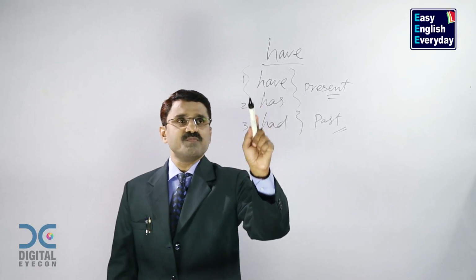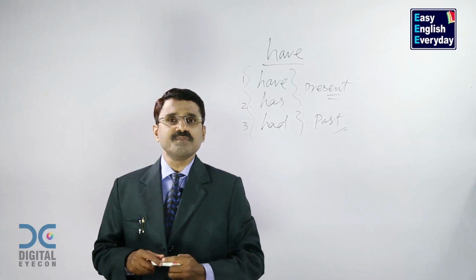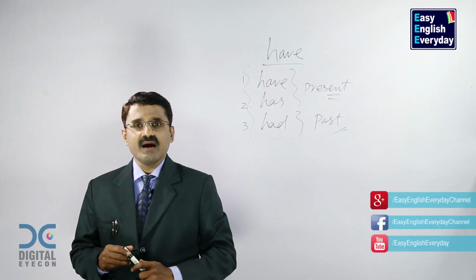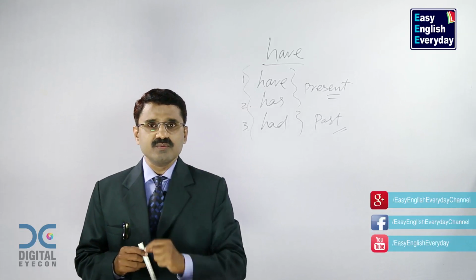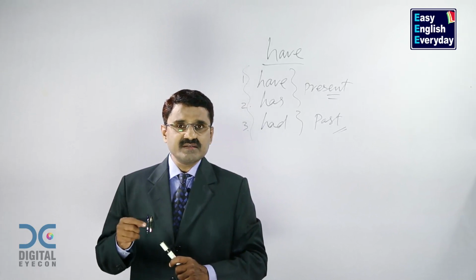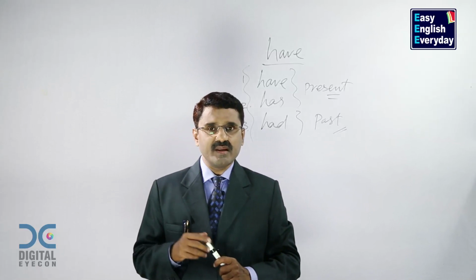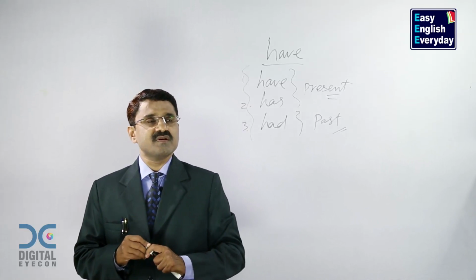Now coming to the next point, there are 3 persons in English language. How many persons? 3 persons. Yes. First person, I and we. Second person, you. Third person, he, she, it, they, any singular name and plural name. So this is about first person, second person, and third person.